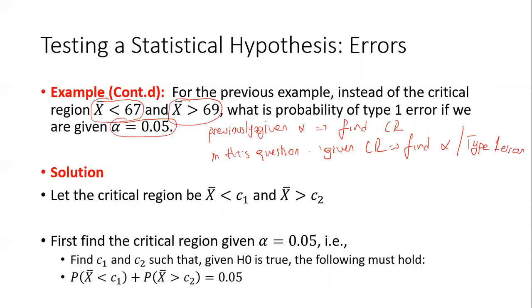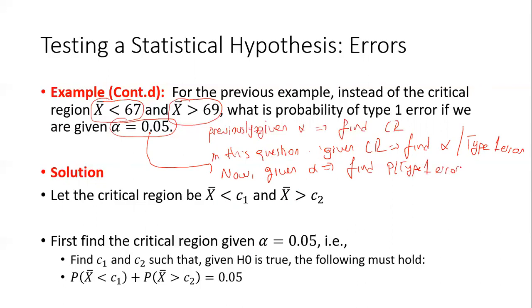Now, the question goes back and says, given alpha, again find the probability of type 1 error.